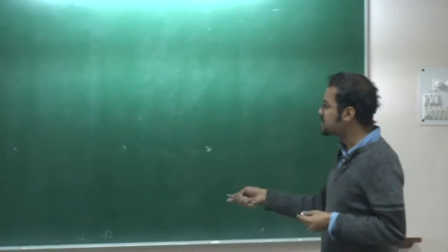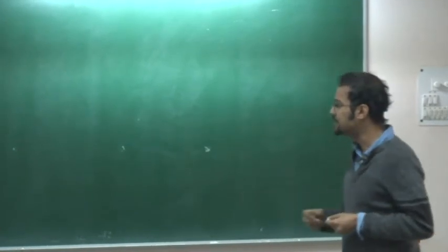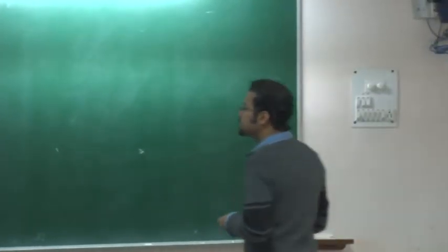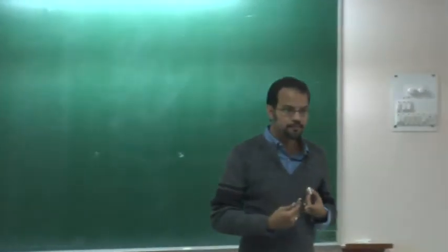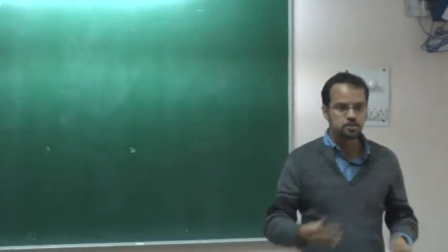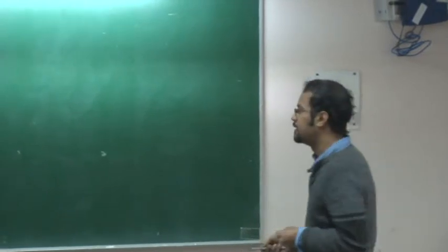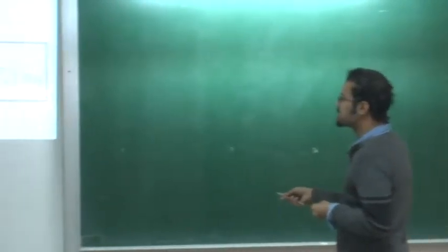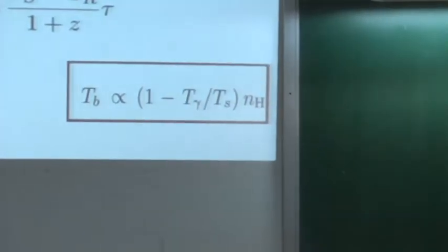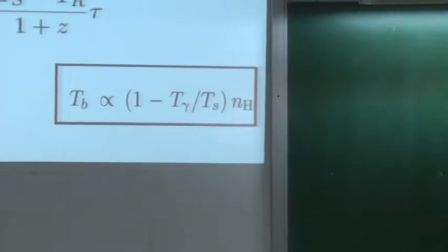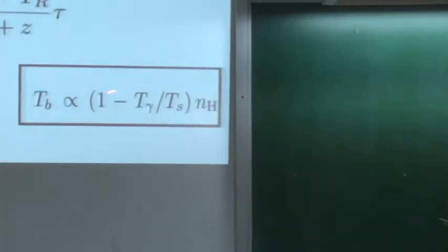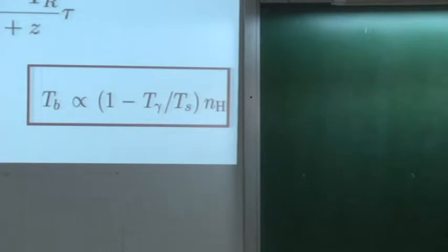The fact that there is this proportionality immediately means that you can use this T_B as a tracer of your distribution of gas. So by looking at this, you are essentially mapping out the neutral hydrogen. Through the temperature distribution of T_B, we are implicitly mapping out the neutral hydrogen distribution.